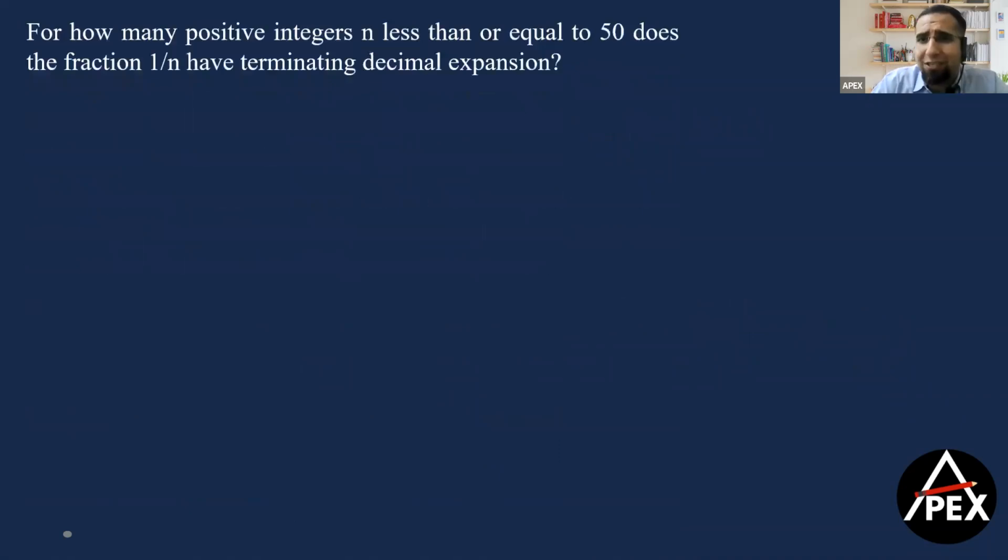Now let's take one simple question here. How many positive integers n less than or equal to 50 have a fraction 1 by n which is a terminating decimal? Which means if I want 1 by n to be a terminating decimal, what is the concept of terminating decimal, guys?